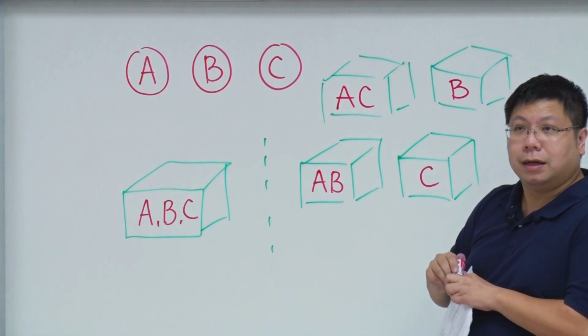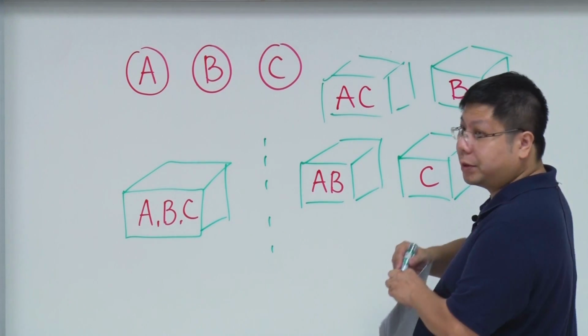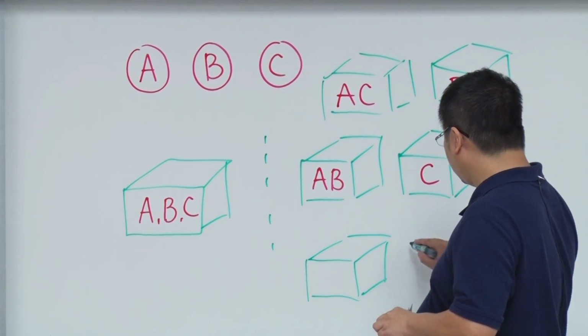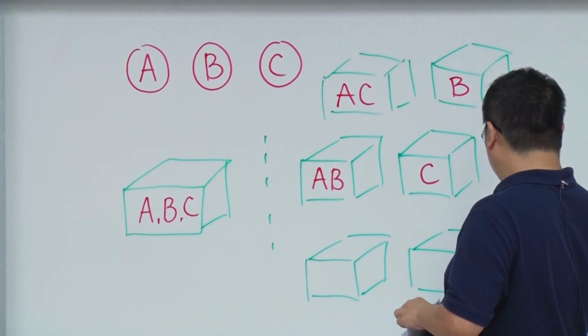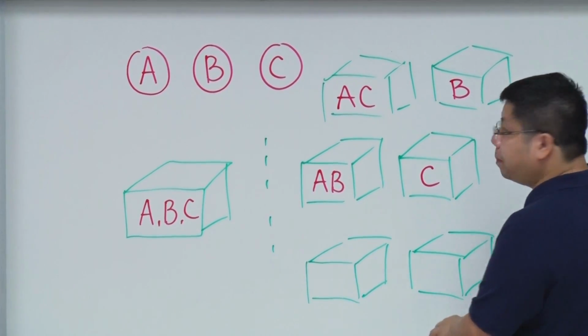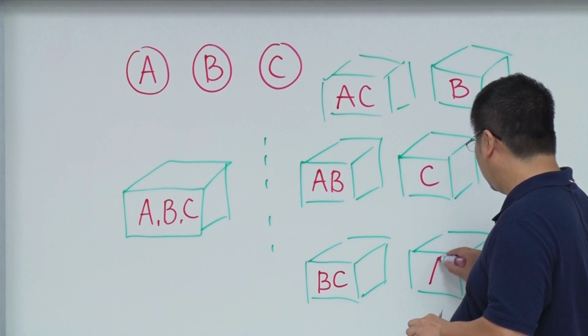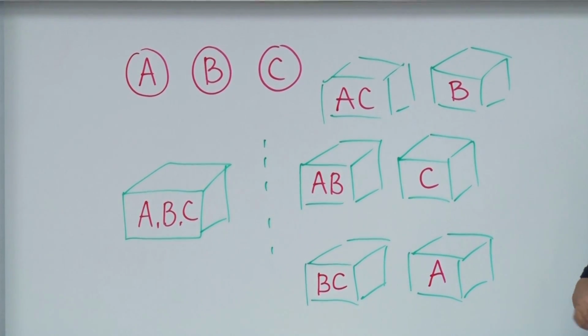And then we may have a third way of using 2 boxes, where we put B, C together and A separately. So this is another way, right?